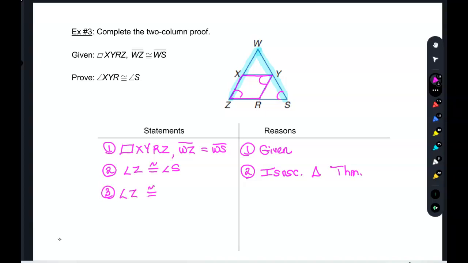Because it's a parallelogram, we know opposite angles are congruent. So we have these two congruent. We have these two congruent. So now transitive property will get us these two to be congruent. You see how they're both congruent to angle Z?